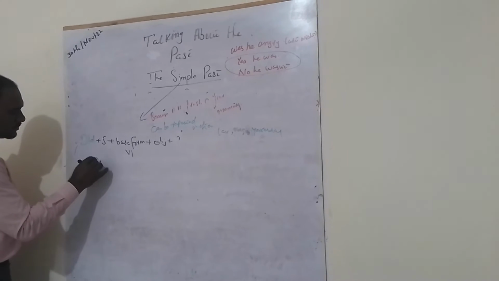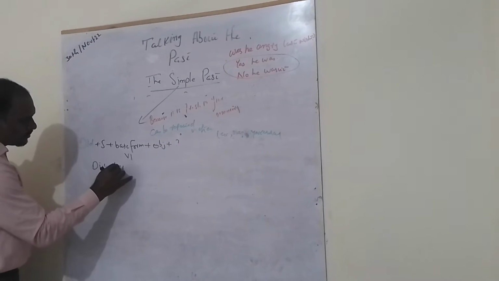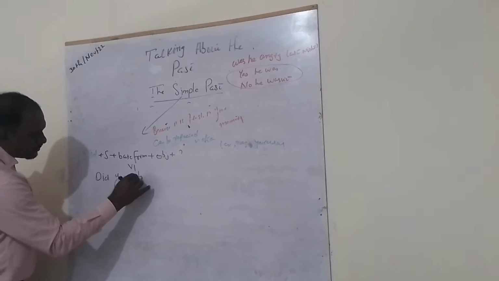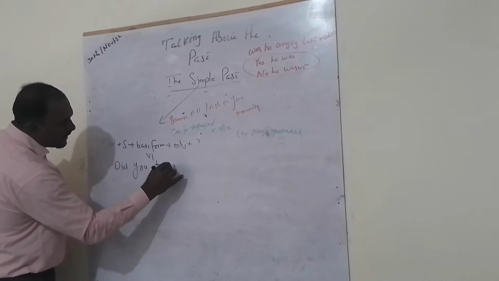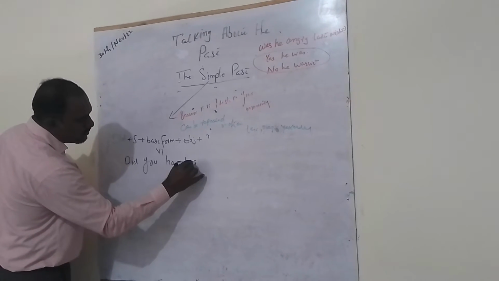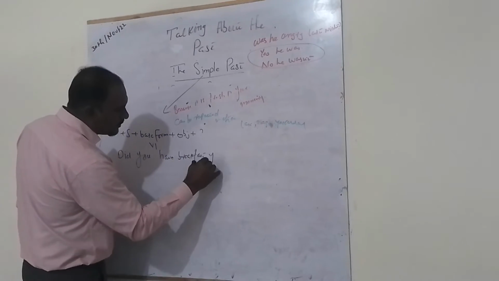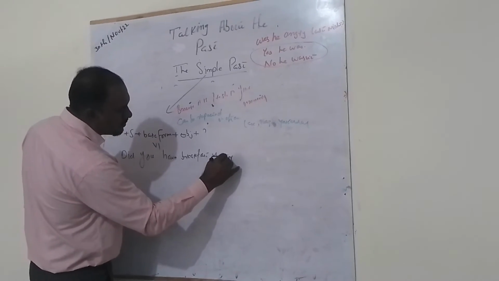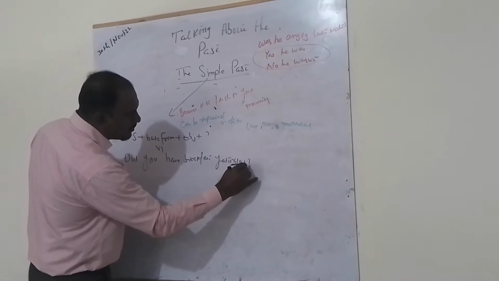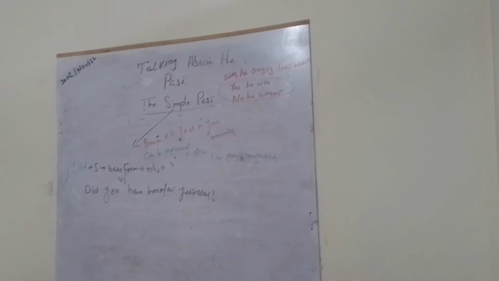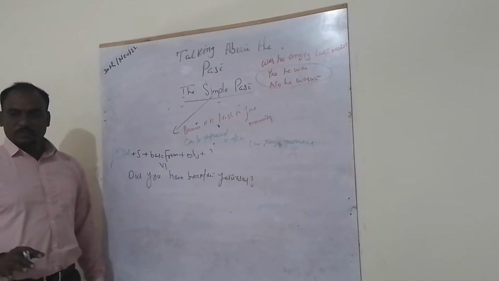Sometimes, if the time is mentioned, you can mention it at the end of the sentence. Okay, did you have breakfast yesterday? Is it hard for you to think about yesterday?